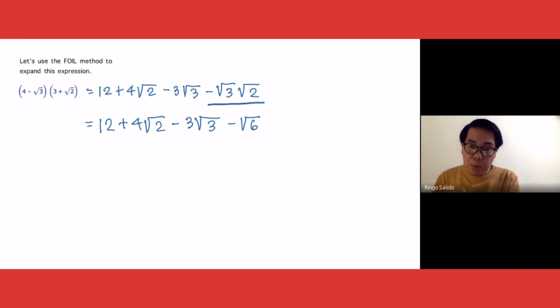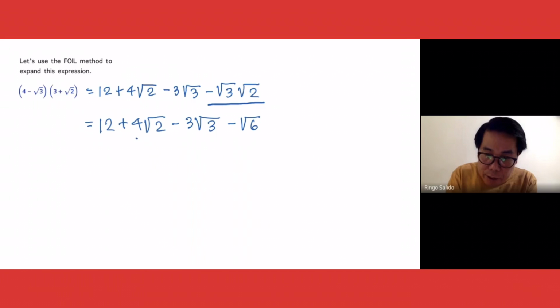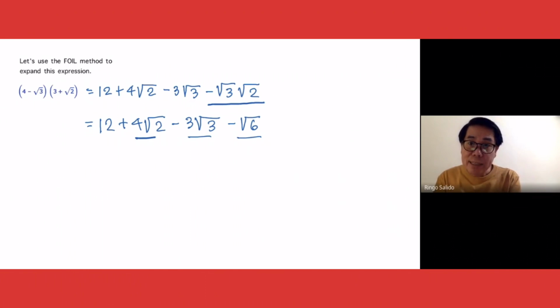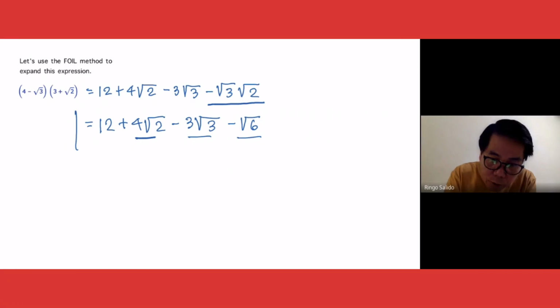Now, if you can see, there are 3 surds here. So that means we cannot simplify that already. That means we leave the answer that way. So that's already our final answer.